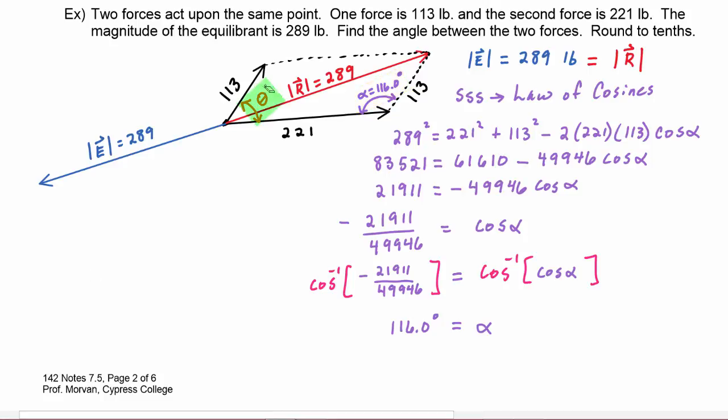Now to find theta, remember that theta is this angle in the parallelogram between the 113-pound force and the 221-pound force. And theta and alpha are consecutive angles in the parallelogram. Now we have a theorem that says consecutive angles in a parallelogram are supplementary.